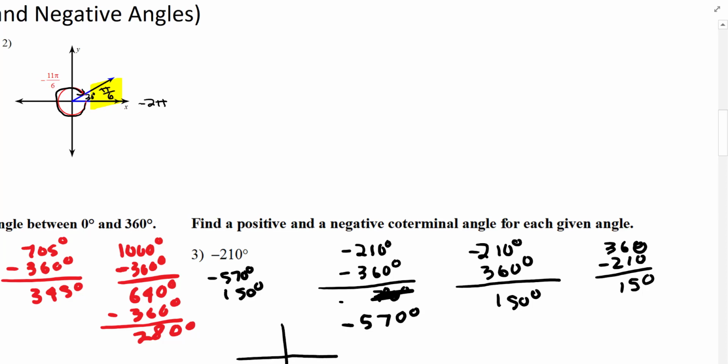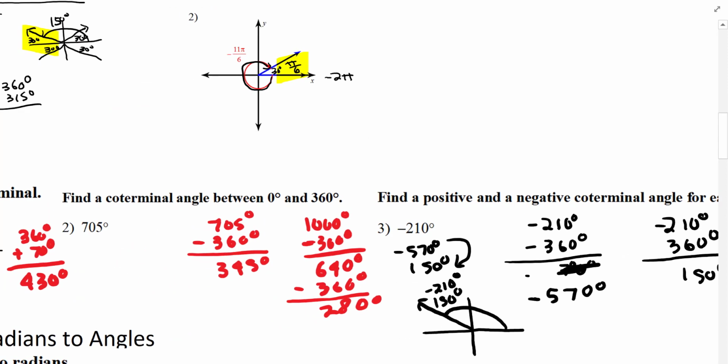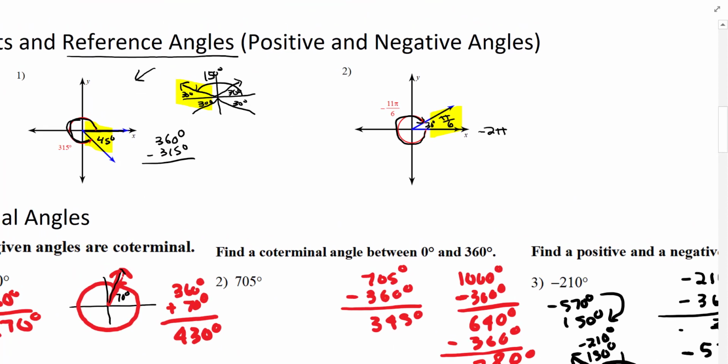So what that means is this angle right here, which is easy to draw, which is 150 degrees, well, that's the exact same measure as negative 210 degrees and negative 570 degrees. All right, that's it for this video on quadrants, reference angles, and coterminal angles.